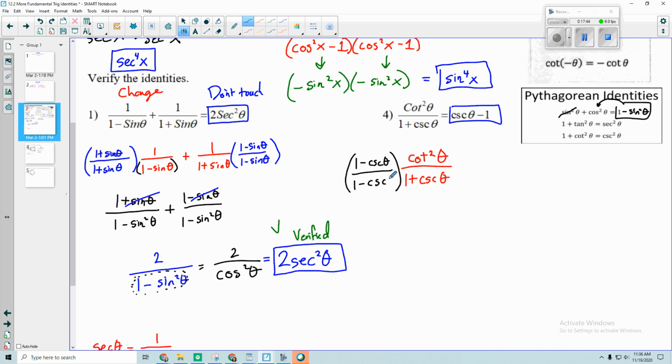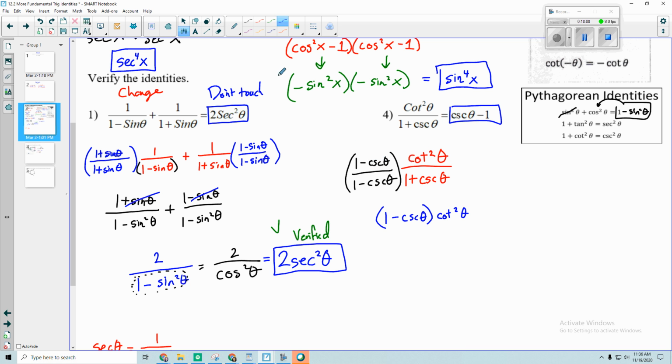over 1 minus cosecant of theta, when I do this, I'm going to get in the numerator, and I'm actually not going to distribute these. I'm going to leave these separate. So I'll just do 1 minus cosecant theta. That'll stay in parentheses. I don't want to distribute that with cotangent squared theta. And you'll see why in a second.